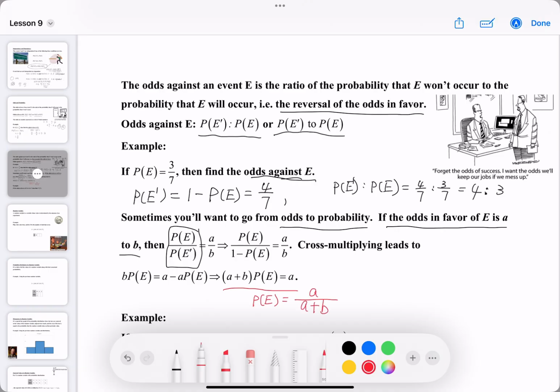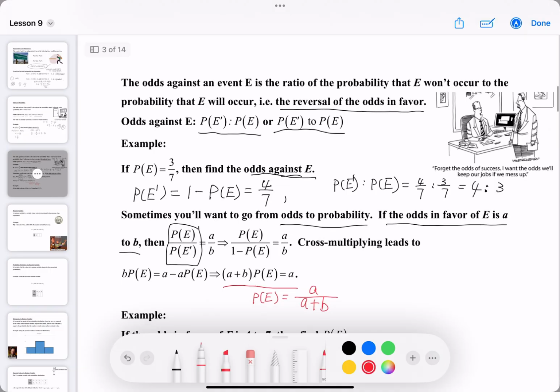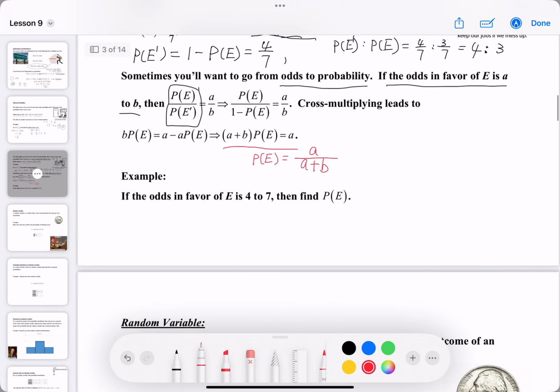Okay, if the odds in favor or the odds against E, the ratio, is given, then I can plug in A and B's values and find P of E or P of E prime.